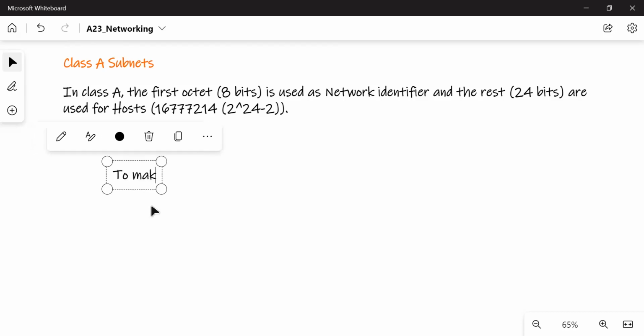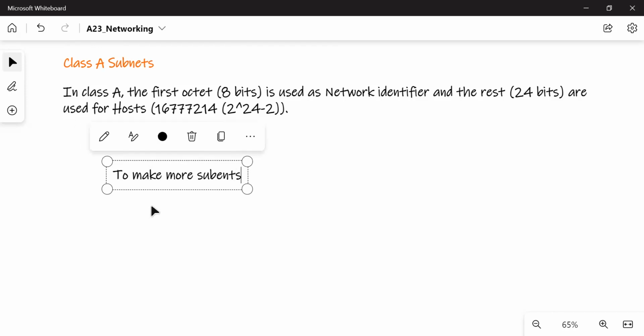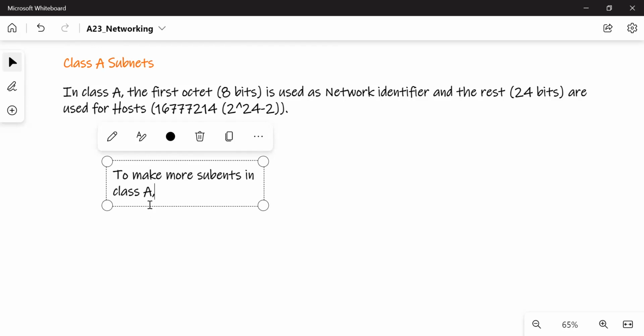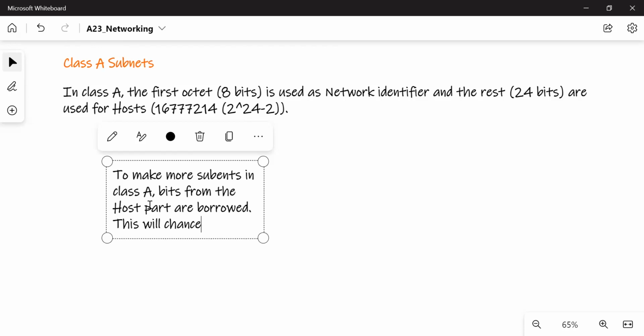So what we need to know is to make more subnets in class A, because this is class A networks we are going to discuss, we need to borrow bits from class A, and this will change the subnet mask.